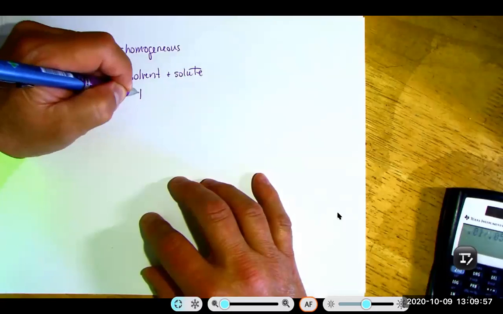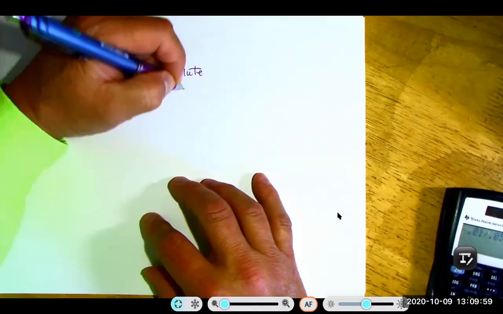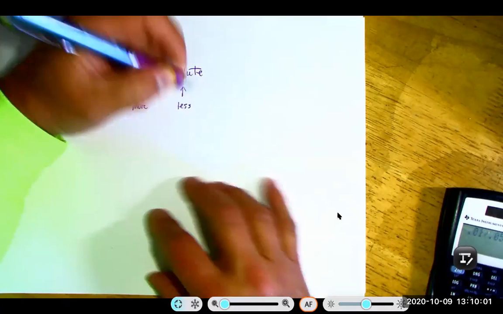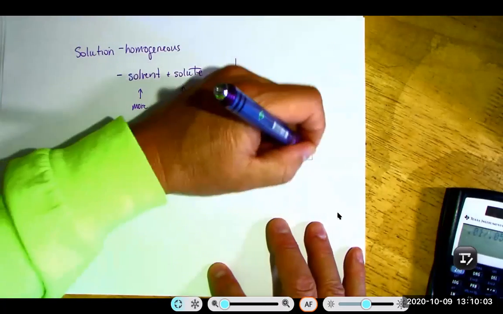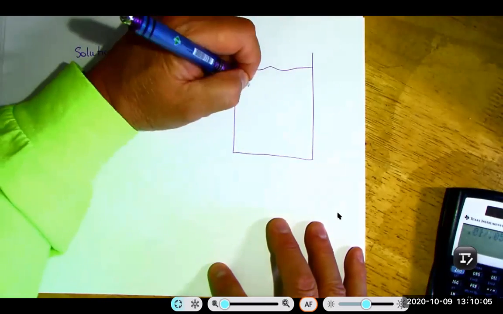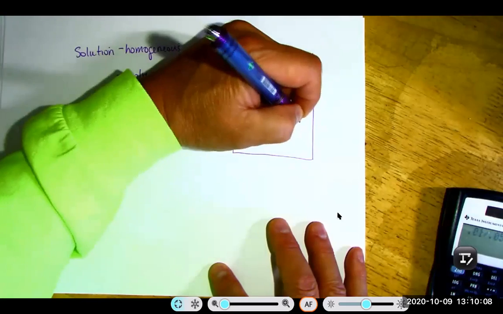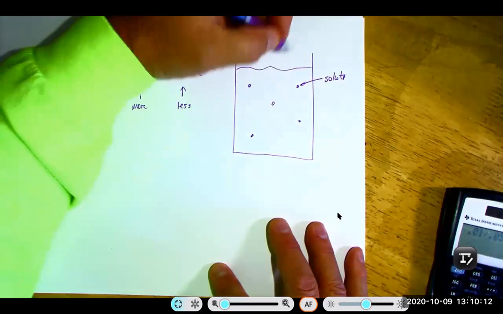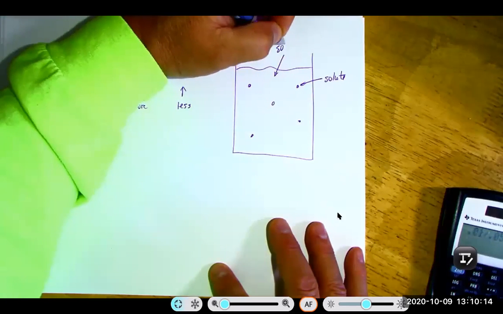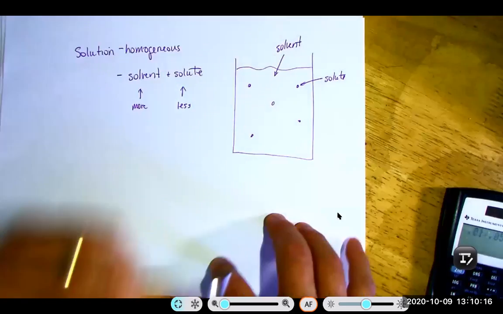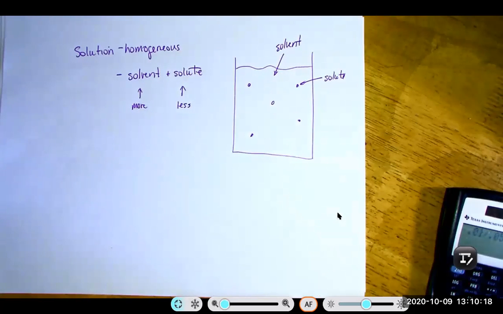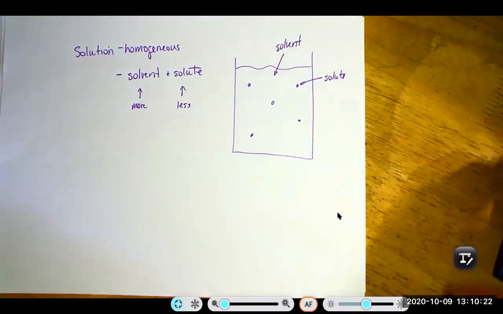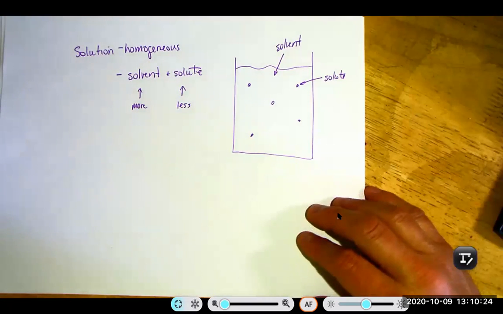The solvent is what you have more of, and the solute is what you have less. So if this is your solution, and these are dissolved particles, this is solute, and this stuff is the solvent. Now in aqueous solutions, the solvent is water. And we're focusing on solutions with water as the solvent.